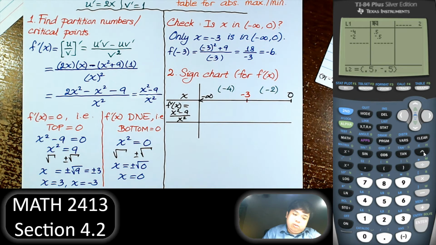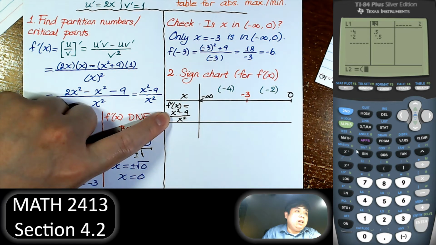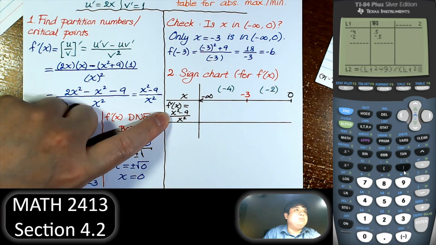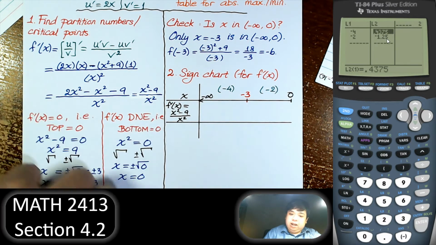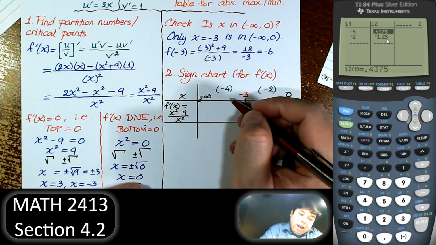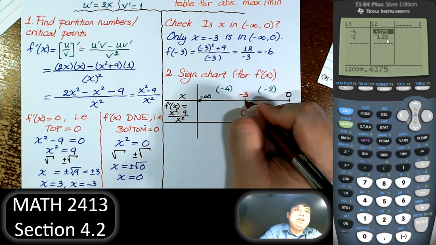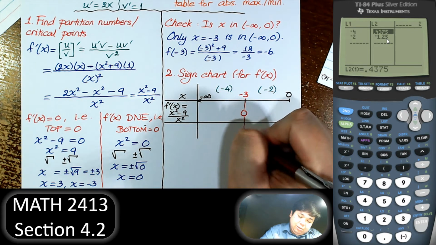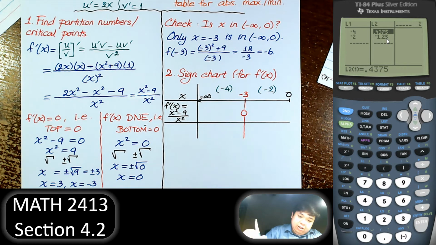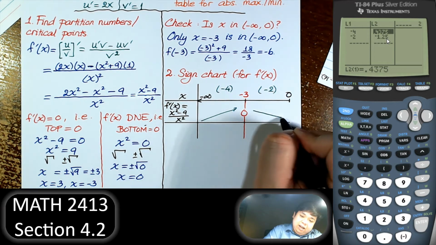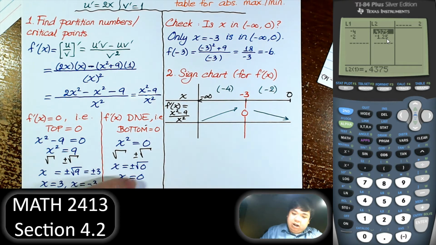The derivative in this case is x squared minus 9 divided by x squared. I put in the parentheses to be safe. Positive, negative. By the way, when x equals negative 3, the derivative equals 0. So positive and negative.